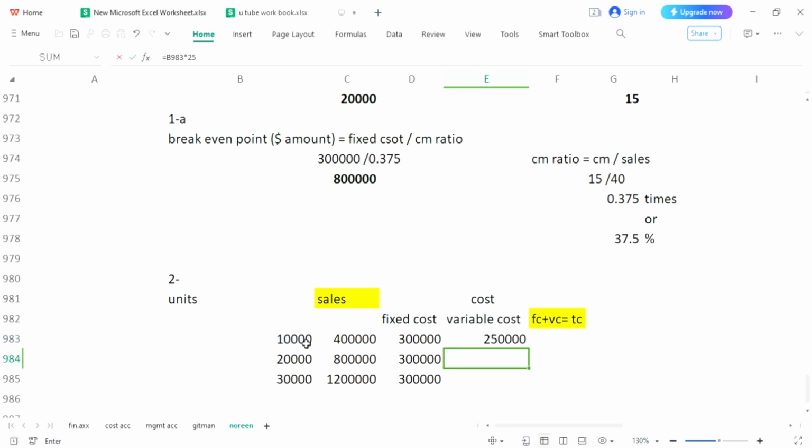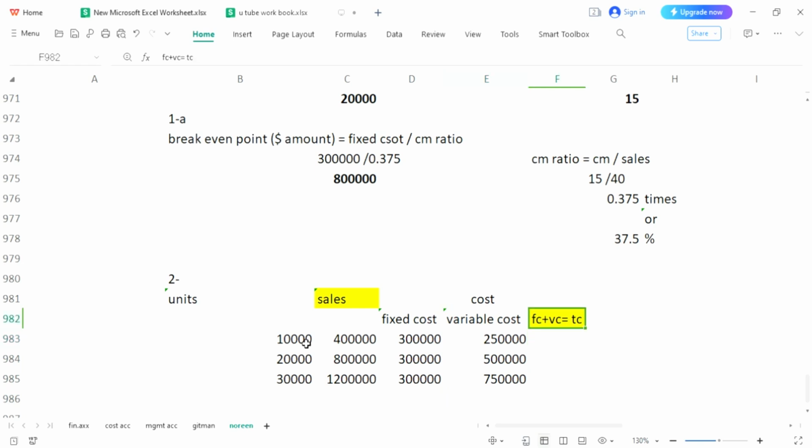So the first variable cost has arrived, and then the second variable cost, the number of units is 20,000, variable cost is 25. The second variable cost has arrived. Now the third variable cost, 30,000 units, and then you need to multiply with variable cost 25. Okay, we have got our fixed cost and variable cost.